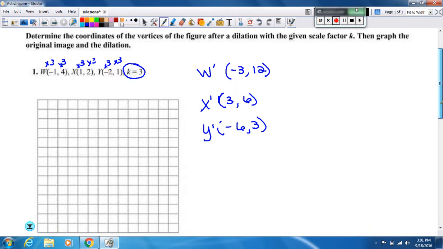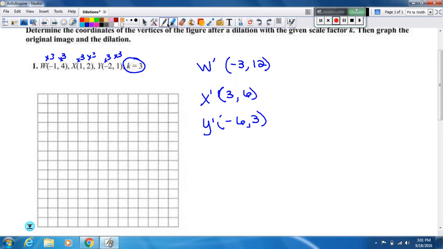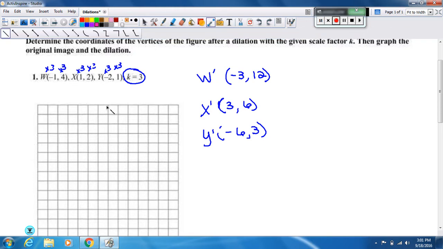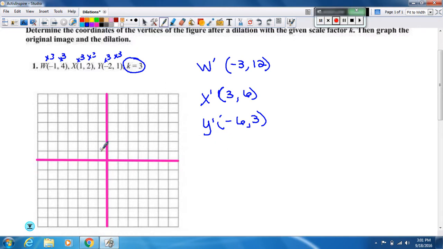Then they want you to graph the original image and the dilation. So for the original image, let me make my x and y axis here. And I'm going to count by 2's. Okay, so the original one, -1, 4 would be here.